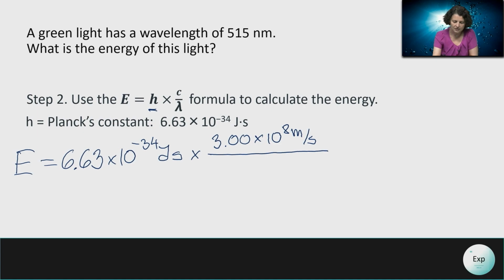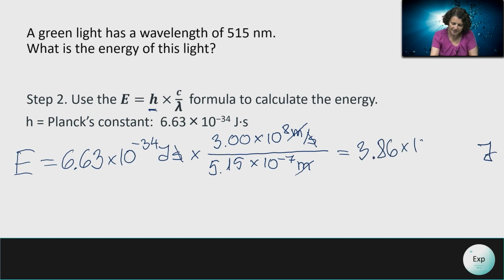And we divide this by the wavelength expressed in the base units we just determined, 5.15 times 10 to the negative 7th meters. The meters will cancel, and the per second and the second will also cancel. This leaves us with units of joules at the end of our calculation. And the value will be 3.86 times 10 to the negative 19th joules.